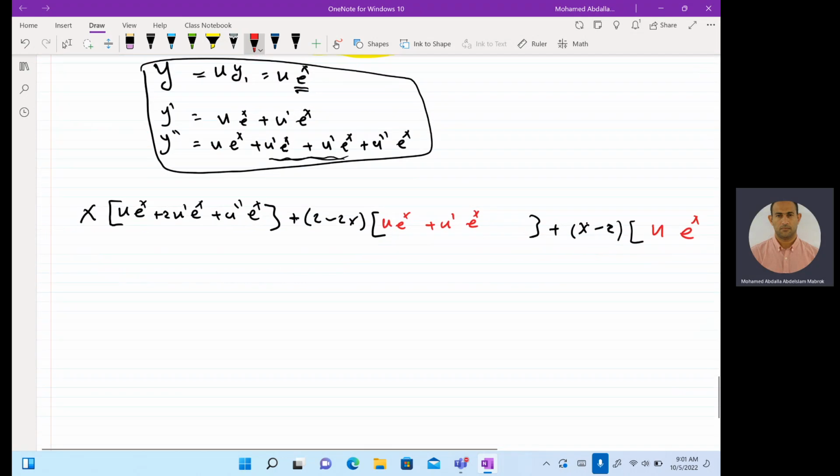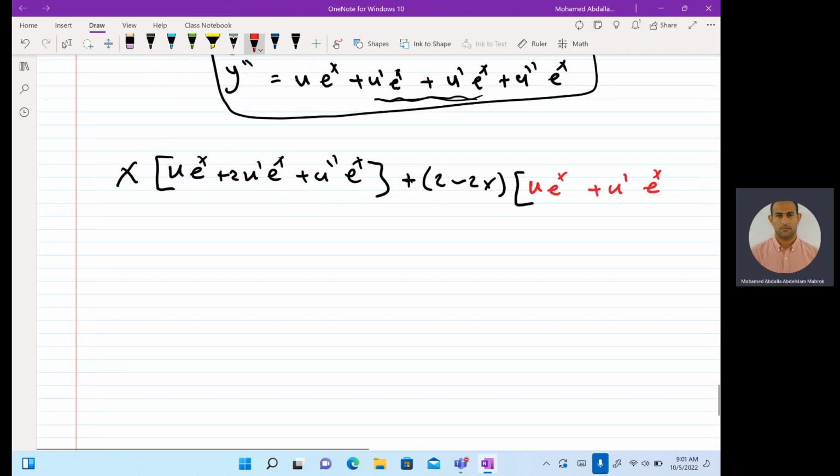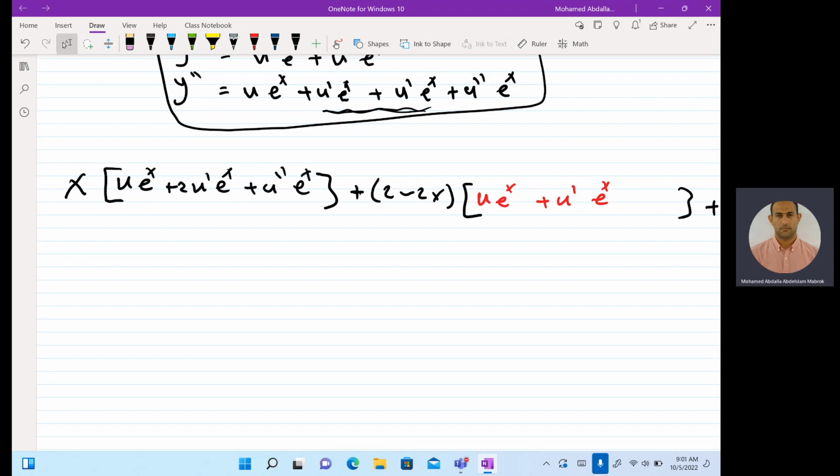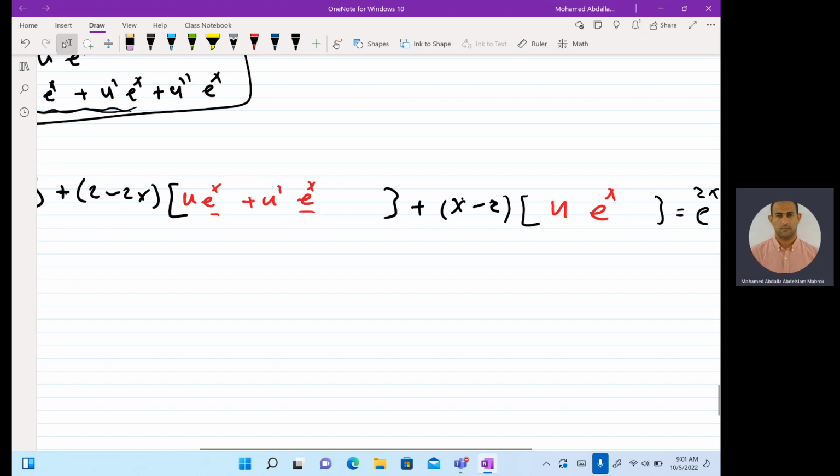And now we will need to multiply this x inside. Again, a pattern that will always appear when you have e to the power x as your y1 is that e to the power x is everywhere here. So we can divide by e to the power x, because it's multiplied by every term, just to make things a little bit shorter.